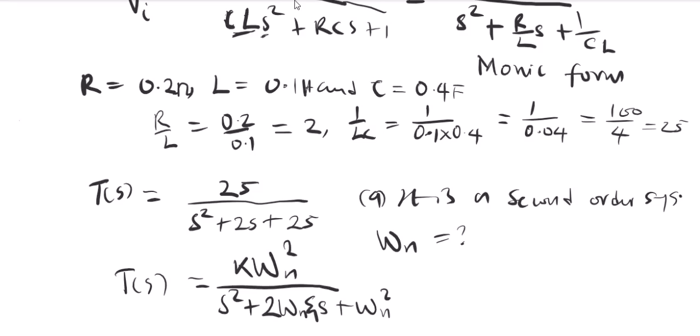So here natural frequency equals root 25, which is equal to 5 radians per second.